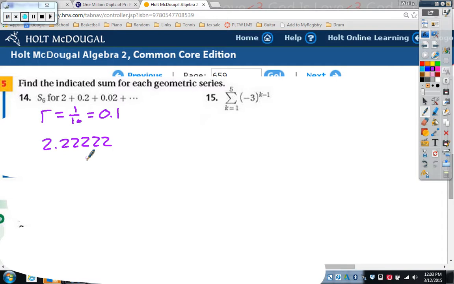Number 15, well, I see that the r is negative 3, just right there. You know that it is asking for s sub 5. So when you plug into the formula, you should get the answer is 61.